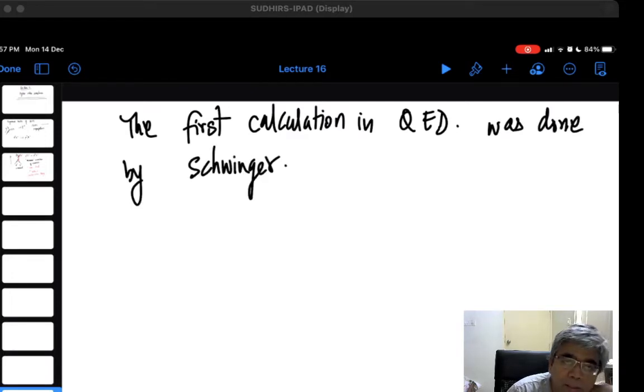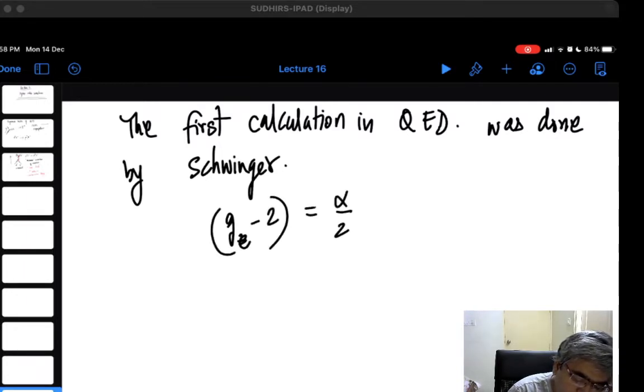And he got the answer that g_e minus 2 of the electron is equal to alpha by 2 pi.